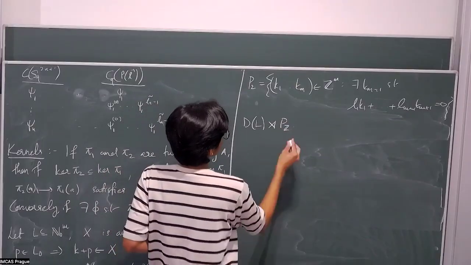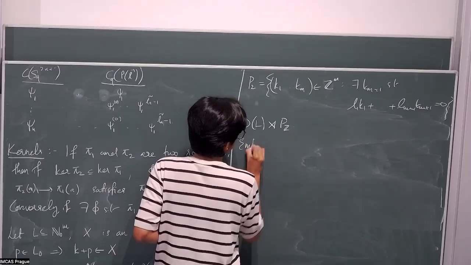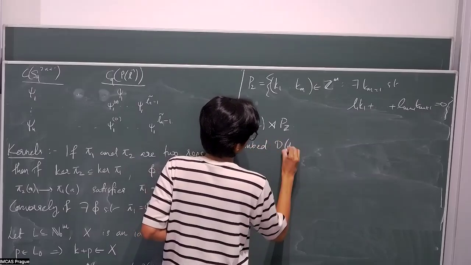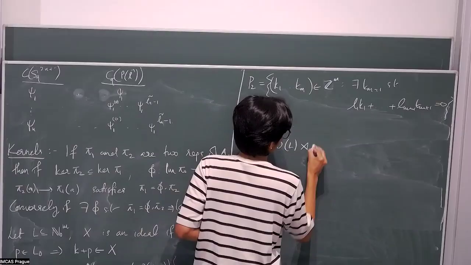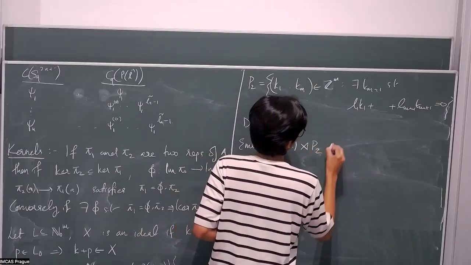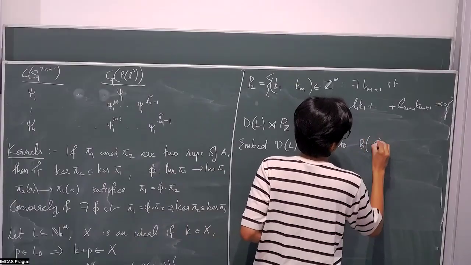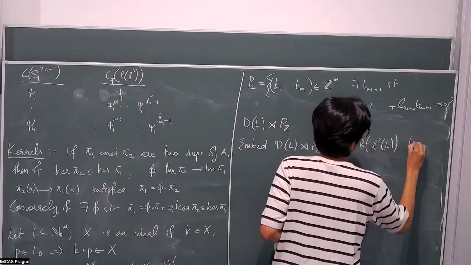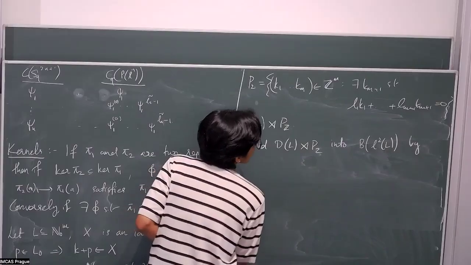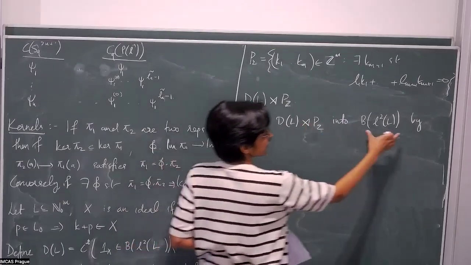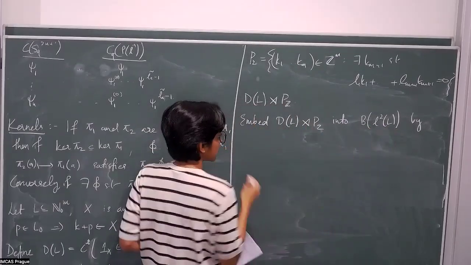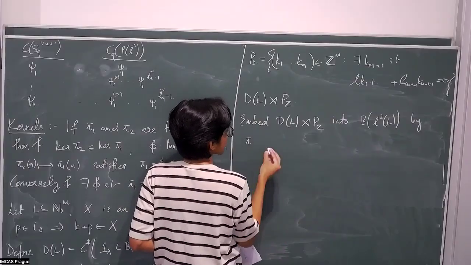Now we can embed this cross product into B of L2 of L. I can represent it in B of L2 of L as we have seen earlier by defining a covariant representation.